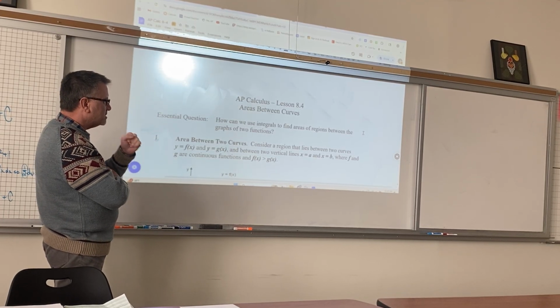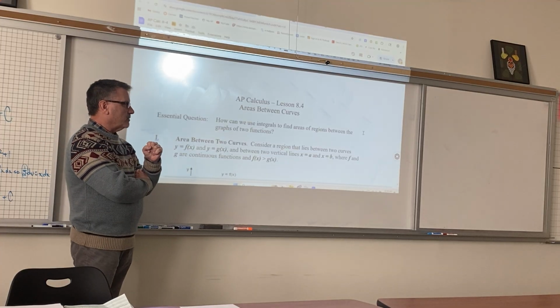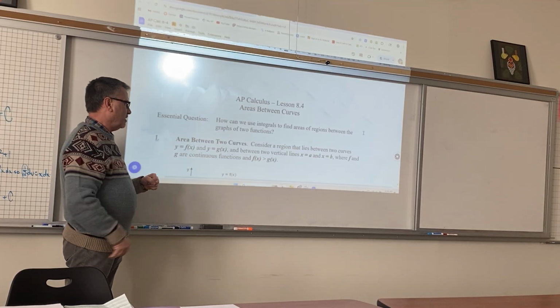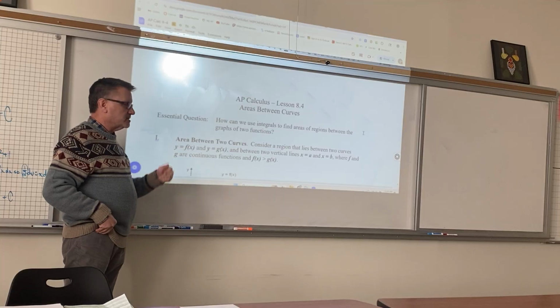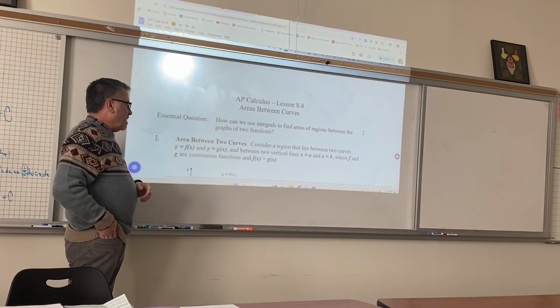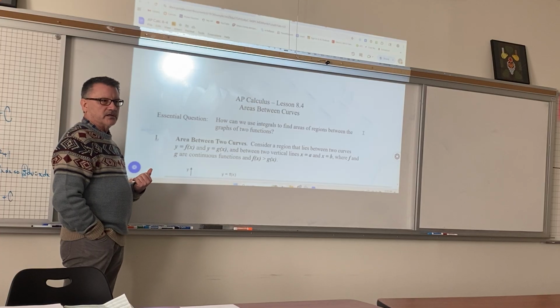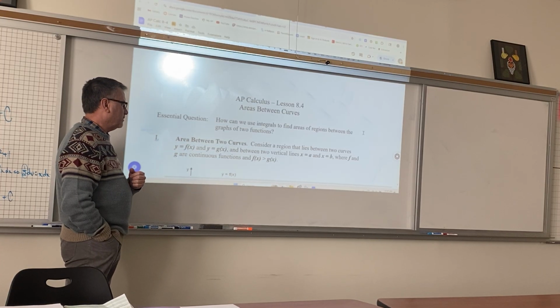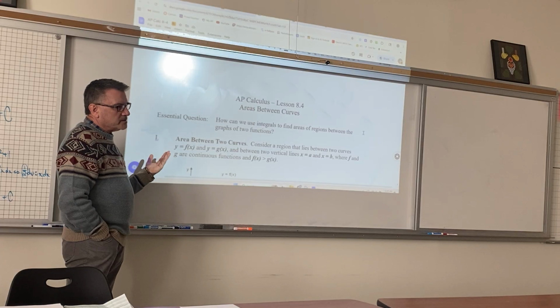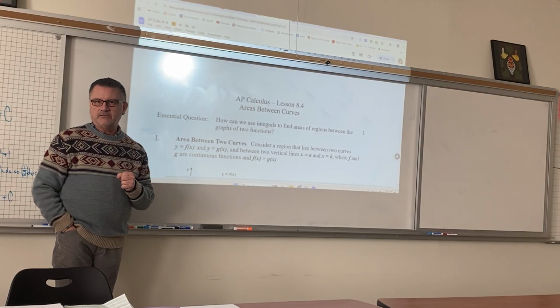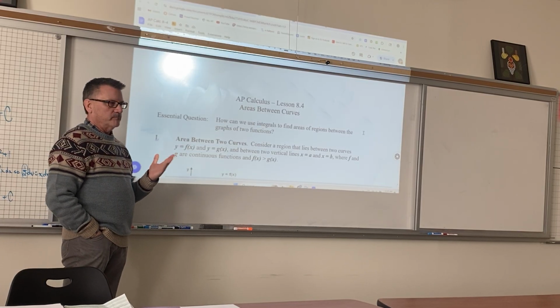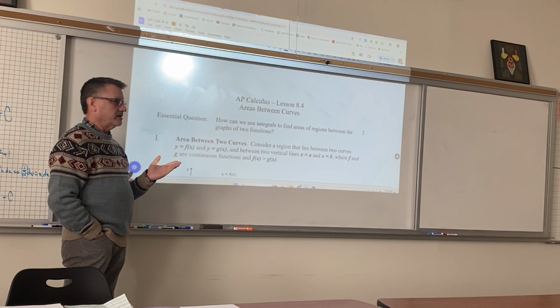And so let's consider this. We have a region that lies between two curves, let's say f of x and g of x, and between two vertical lines for right now, x equals a and b, so you know a lower bound and an upper bound. And we want to make sure they're continuous, at least between a and b, so that we really have sides there.